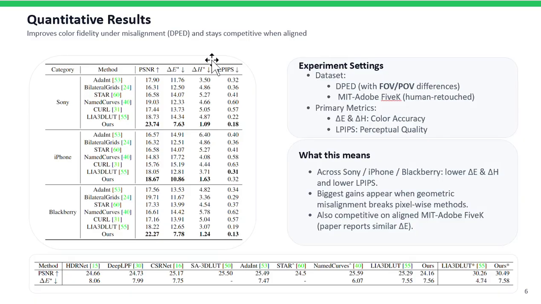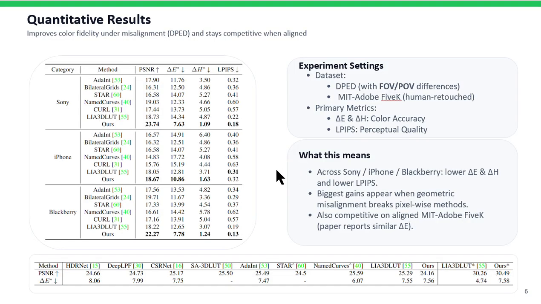Now the results. The primary dataset we focus on is DPED, which contains smartphone images as the input and DSLR images as the targets. And they have slight FOV and POV differences. From this table, you can see that across all categories in the DPED dataset, our method shows lower delta E, delta H, and LPIPS.